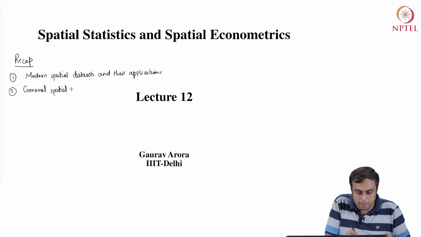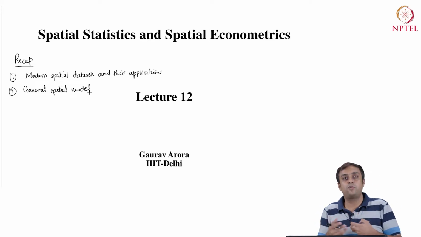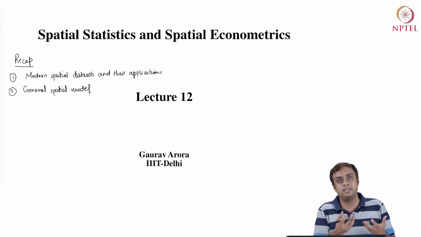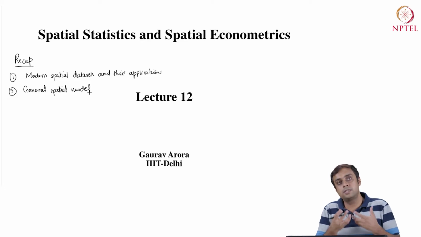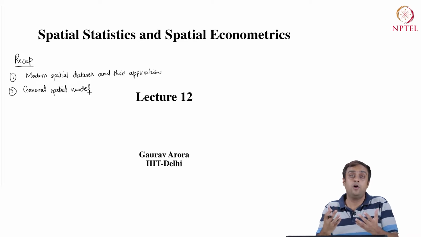After that, we developed what we called a general spatial model. A general spatial model basically provided us with mathematical devices to summarize the data that we see pictorially or visually, right?